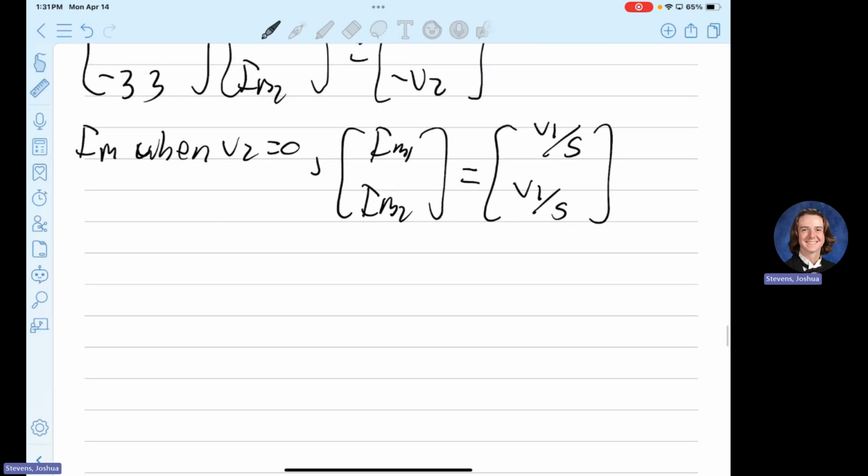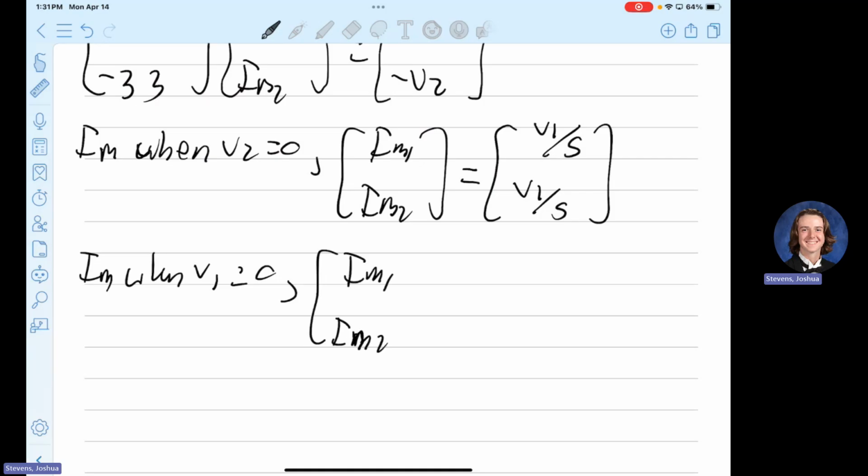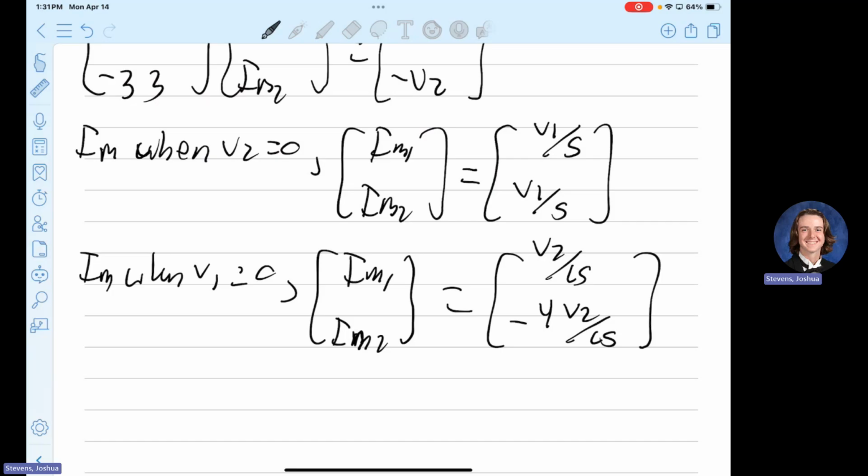So then, now I'm gonna do the flip side. When V1 equals 0. That then becomes IM1 and IM2 equal to V2 divided by 15, and then this becomes negative 4 V2 over 15. Okay, this is our IMs in terms of voltage.